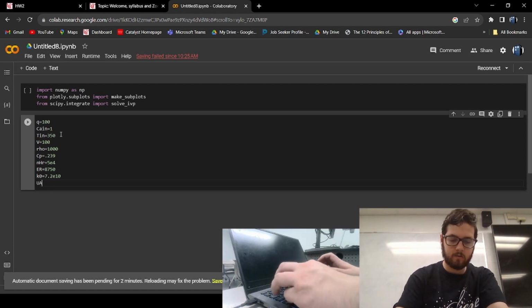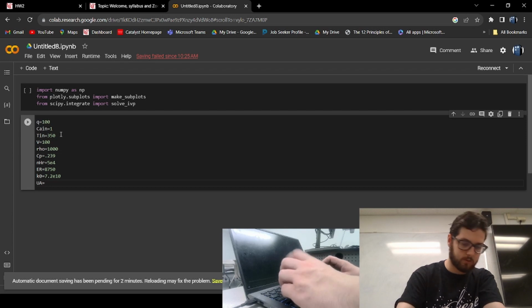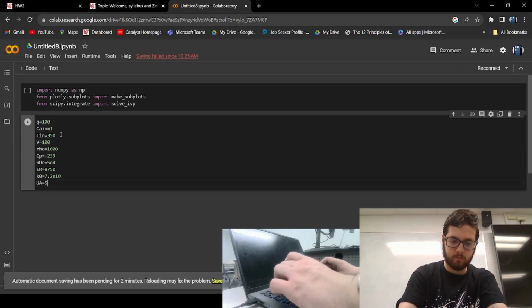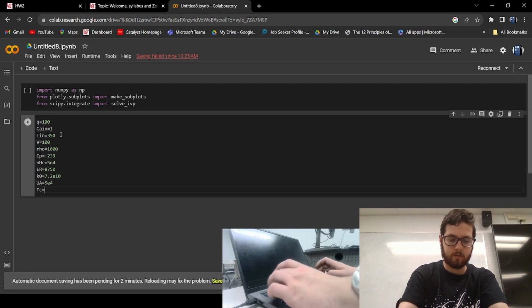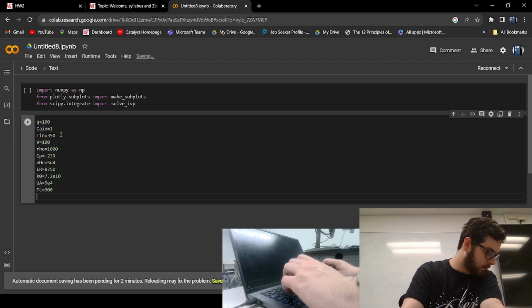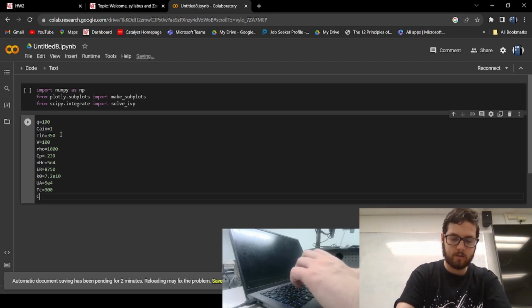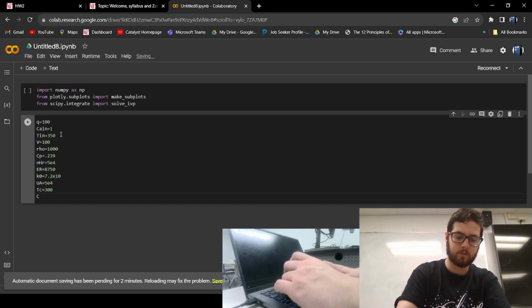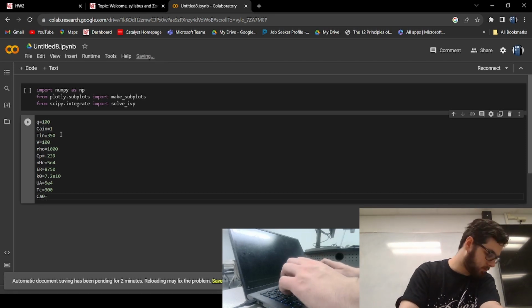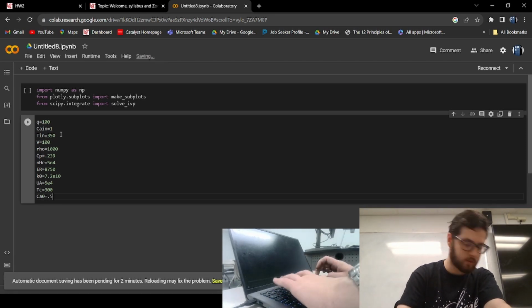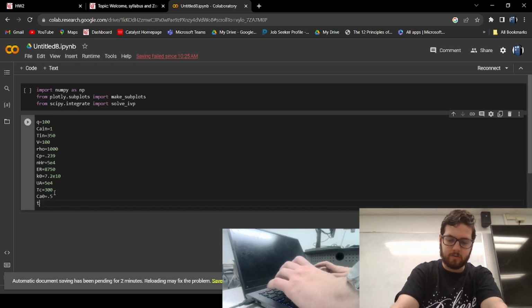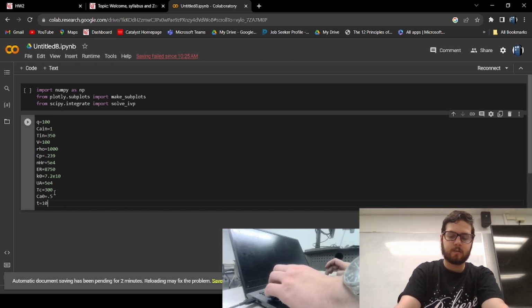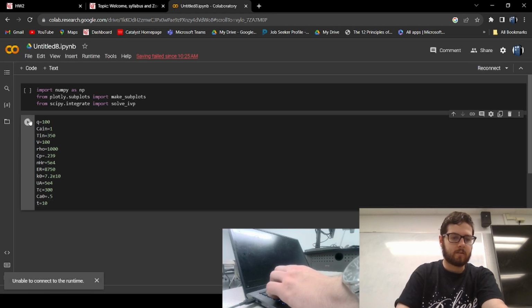Our heat transfer coefficient is equal to 5 times 10 to the 4th. Our cooling water is at 300 Kelvin. Our initial concentration, or our concentration coming in through the pipeline, is equal to 0.5 moles per liter. Our initial temperature, I guess I already have initial temperature. Time is going to be equal to 10 minutes. Alright, so there's all that data to be front loaded.